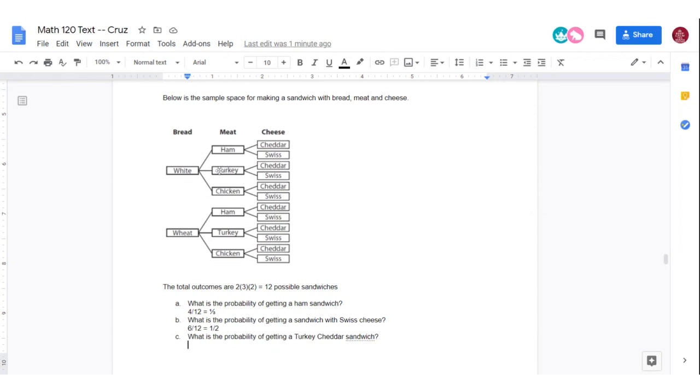So turkey cheddar right here with white bread. That's the only one up here on the white bread side, right? And then turkey cheddar on the wheat. So that's 2 out of 12. 1/6, right? Make sense?